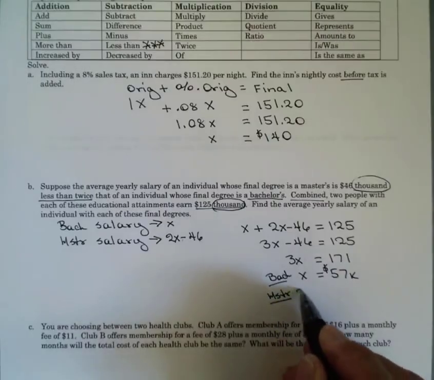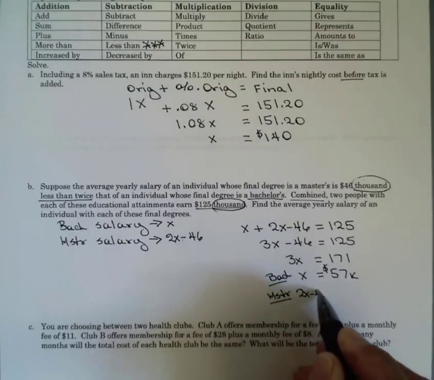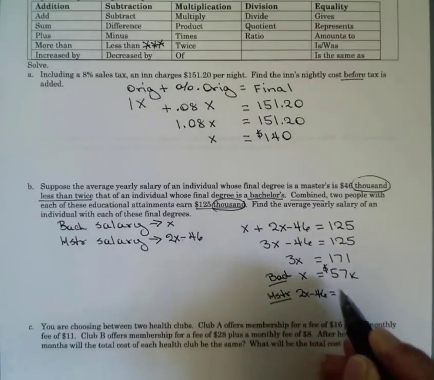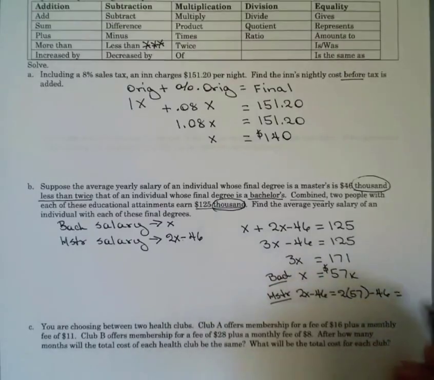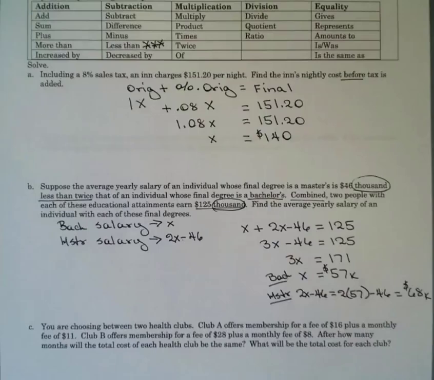It's going to be 2X minus 46. That's going to equal 2 times 57 minus 46, and you can do that with your calculator easily enough and come up with 68, once again, thousands of dollars. So I've got $57,000 and $68,000 as my two salaries.